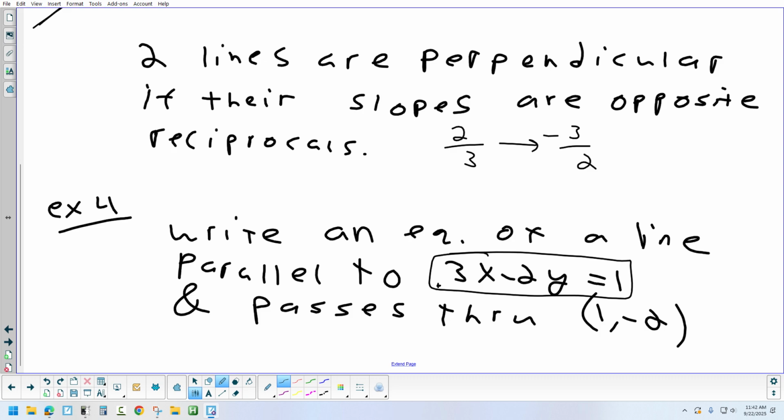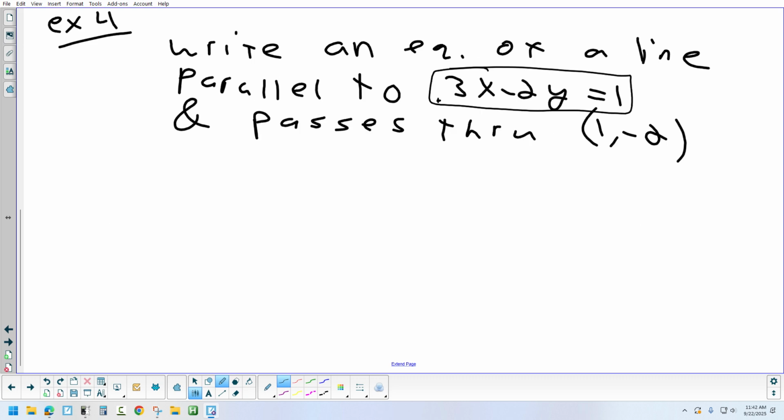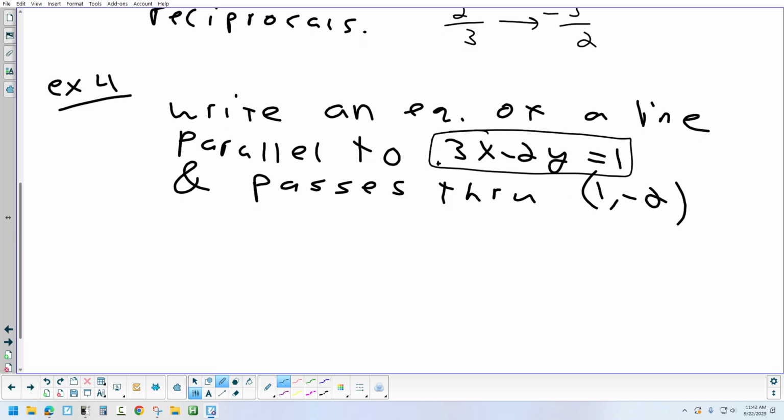So let's find the slope by rewriting that in y equals mx plus b. So I'll minus the 3x. And then I would have to do what to get my y by itself? Yeah, divide by -2. Okay, I don't really need to finish, I just need the slope.